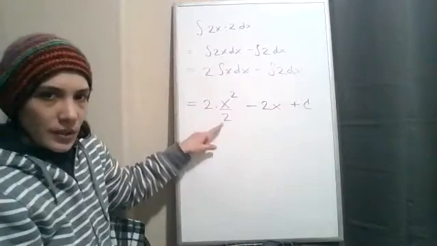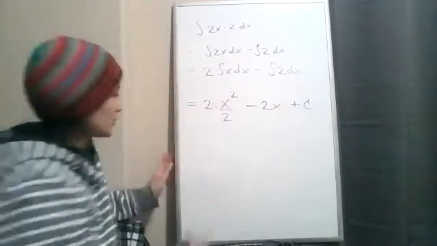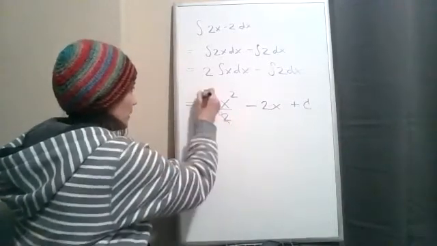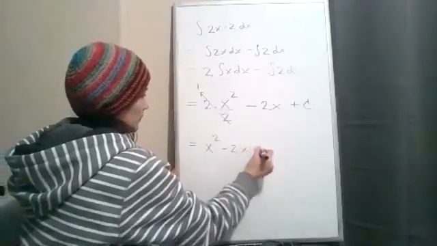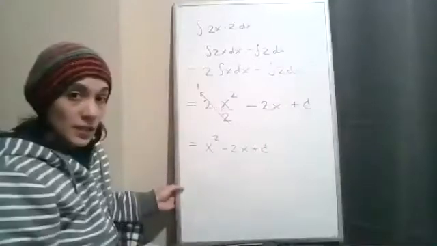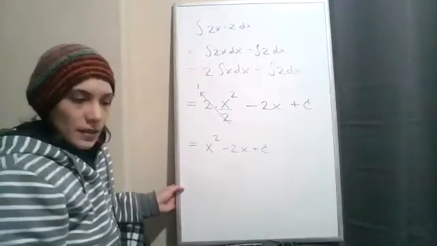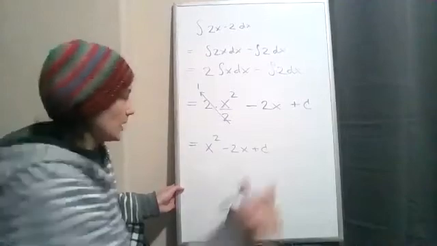Yeah, those twos reduce, and x squared is left over. Okay, just check it. x squared is f of x.